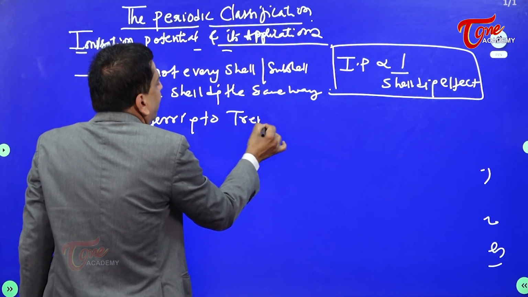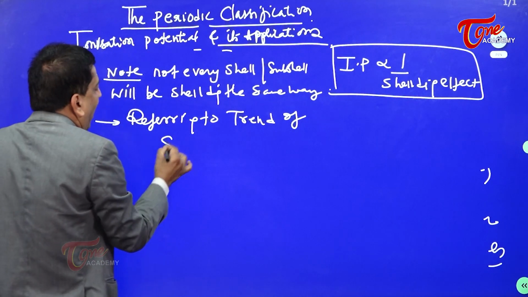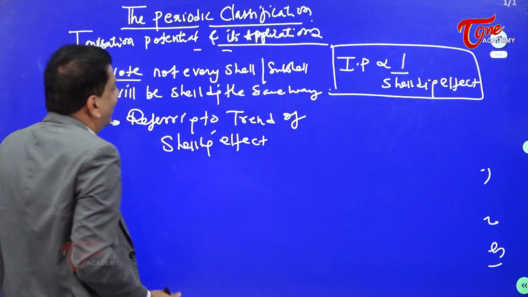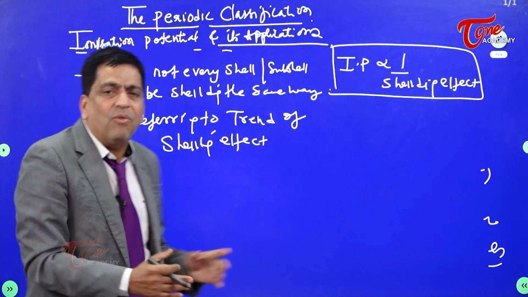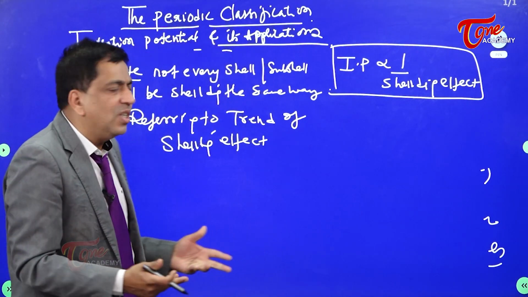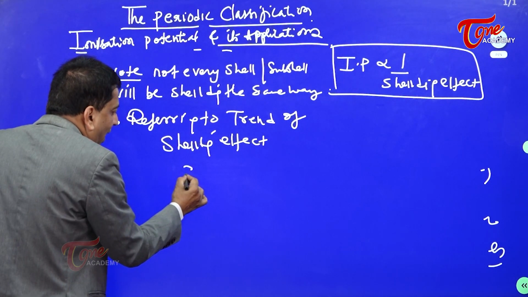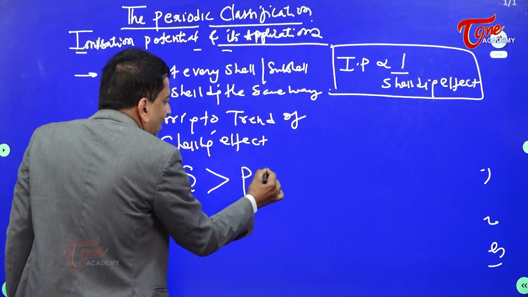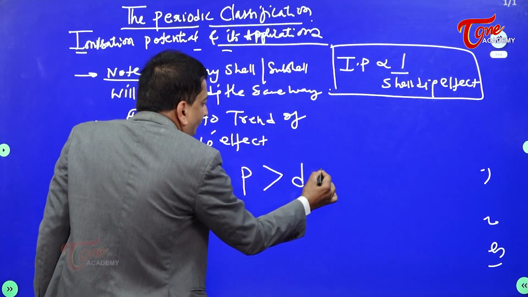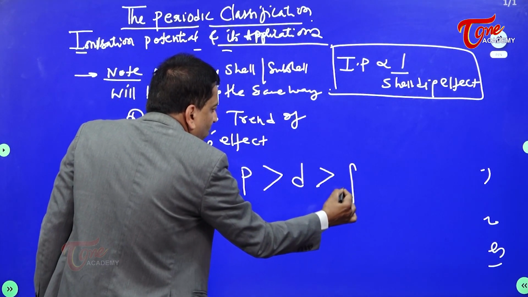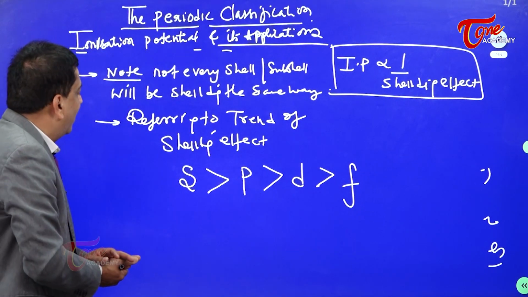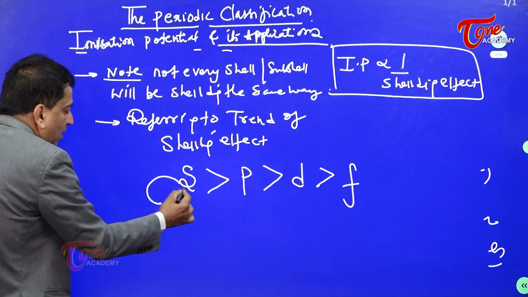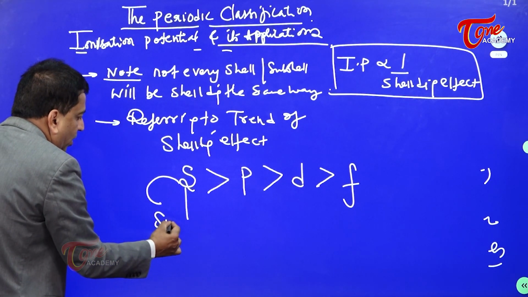What I'm referring to here is the trend of the shielding effect. You must understand the trend of shielding effect among the subshells. Now if you look into this, s has a better shielding compared to p, compared to d, and compared to f. That is the shielding trend. And s shields really well for the simple reason that it is symmetrical around the axis.